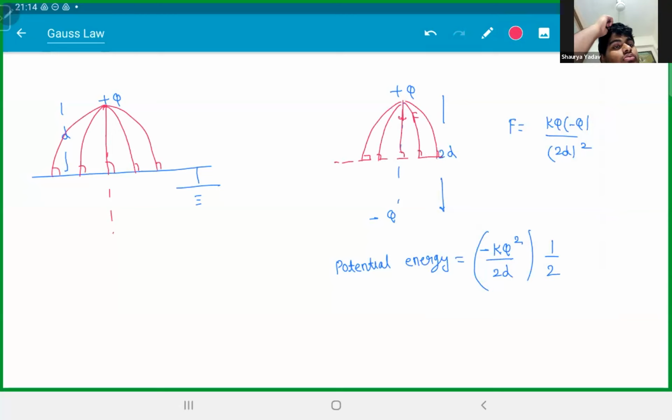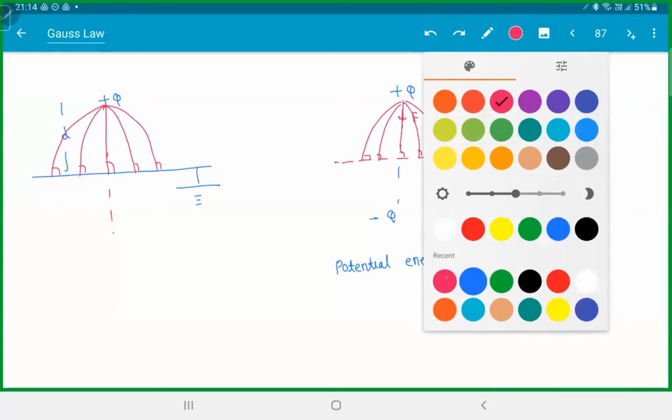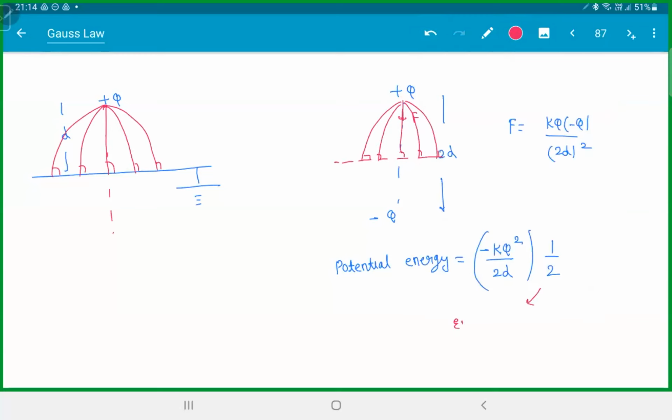Yes. You're getting it. Actually, only half of the field lines exist. Half of the field lines are missing. Are you getting it? So the energy is only half of it because only half of the field lines exist. Meaning it looks similar to plus q minus q, but in reality there are no field lines at the bottom of the plate, isn't it?